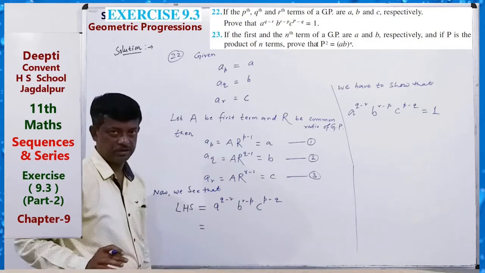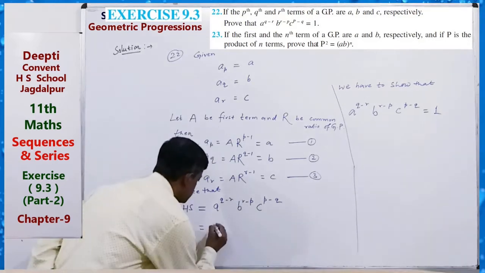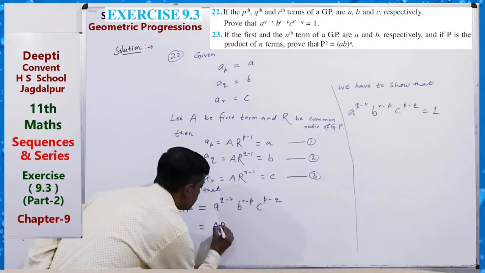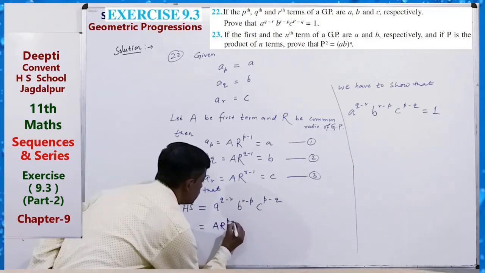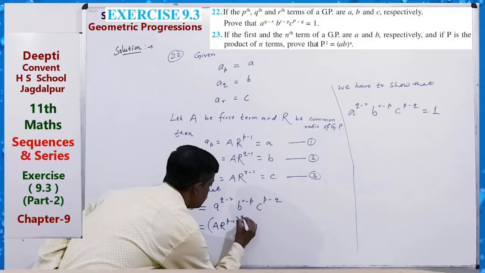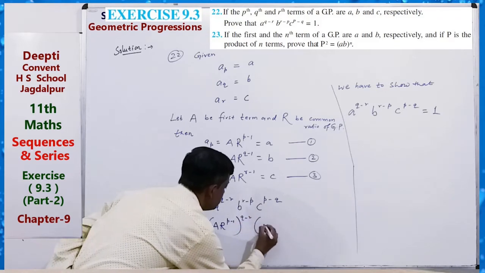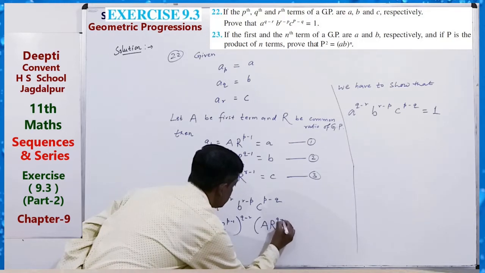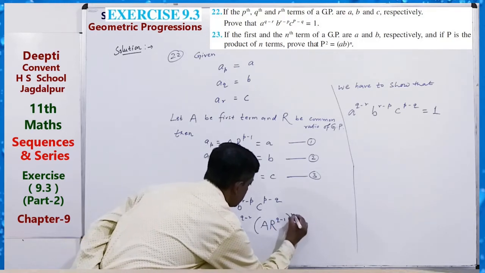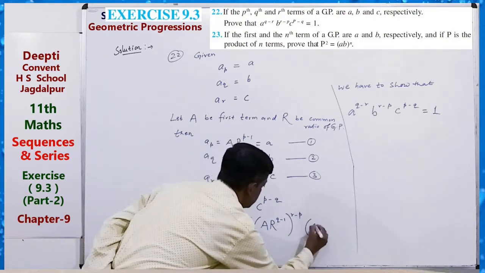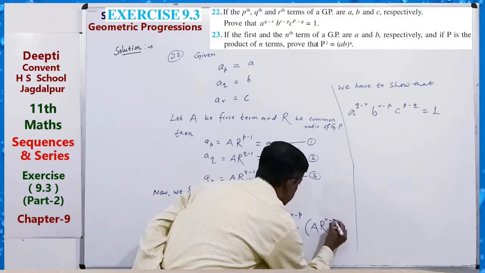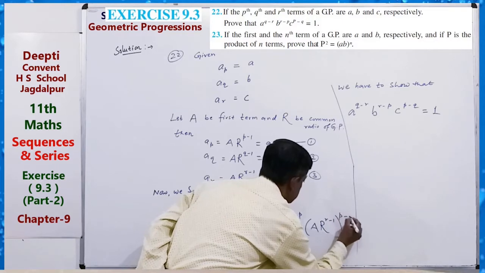Just put the values here, using 1, 2 and 3. So it is (A R to the power (p minus 1)) to the power (q minus r), (A R to the power (q minus 1)) to the power (r minus p), (A R to the power (r minus 1)) to the power (p minus q).